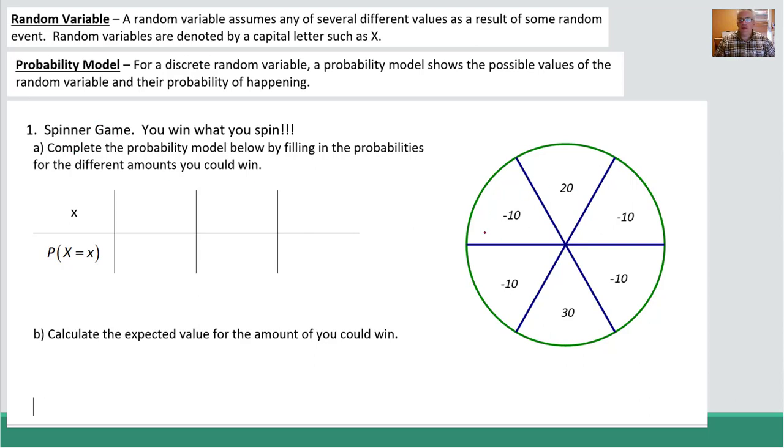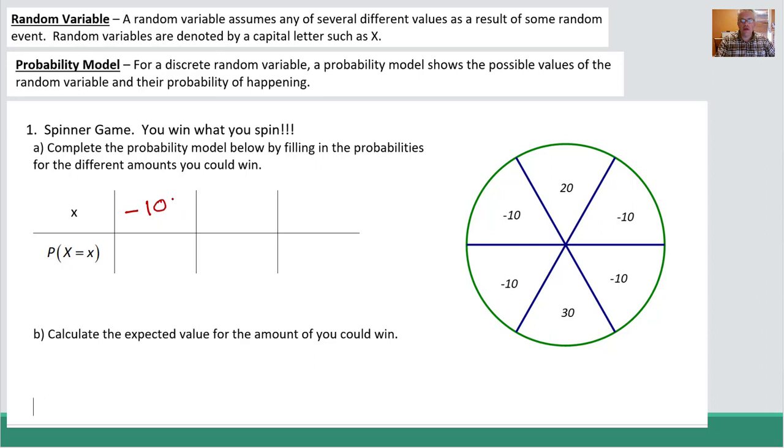Very simple. You spin a spinner and it randomly lands on a number, and whatever it lands on, that's what you win. So the amount you could win is an example of a random variable. It takes certain values with certain probabilities. For instance, in this spinner game, there are three possibilities. You could lose $10.